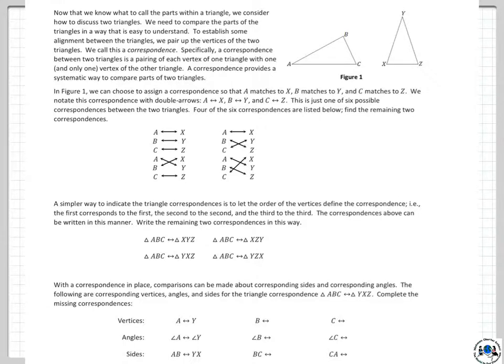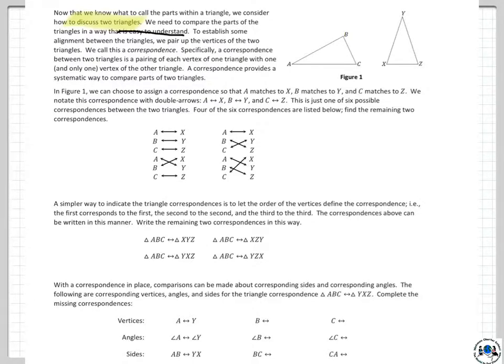Okay, so now that we know what to call the parts within a triangle, we consider how to discuss two triangles. We need to compare the parts of the triangles in a way that is easy to understand. To establish some alignment between the triangles, we pair up the vertices.